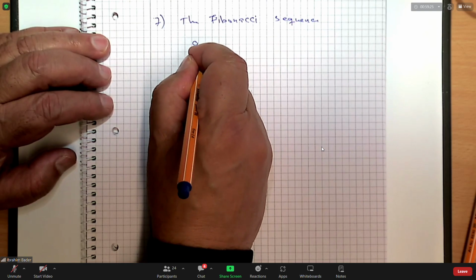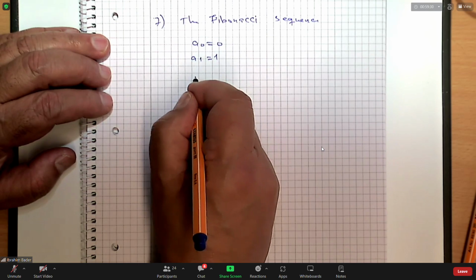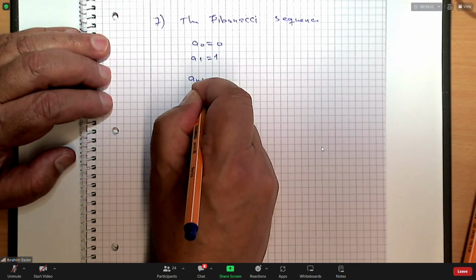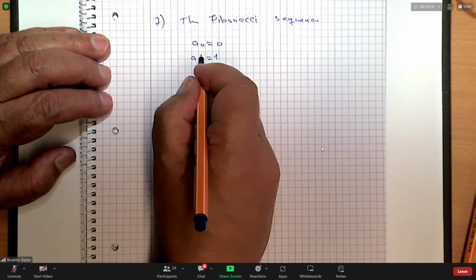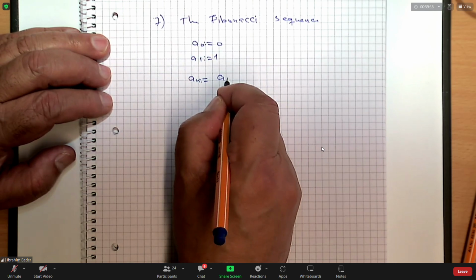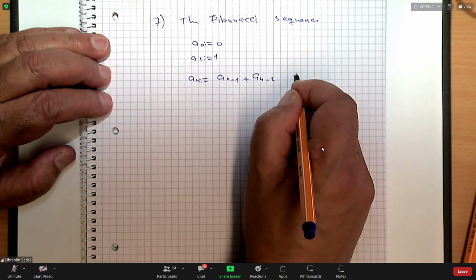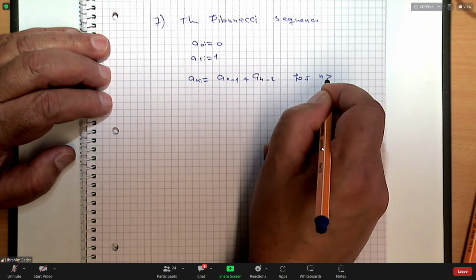So A0 equals 0, A1 equals 1, and AN equals, all defined here. AN equals AN minus 1 plus AN minus 2 for N greater or equal to 2.